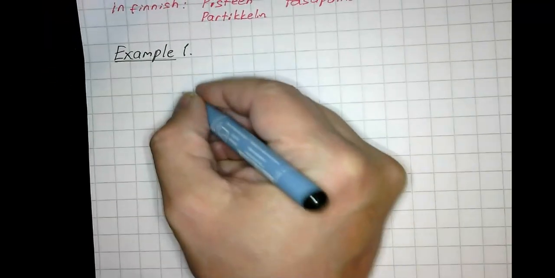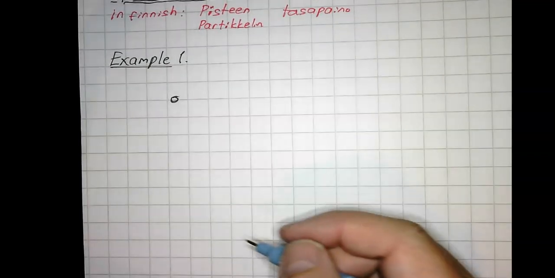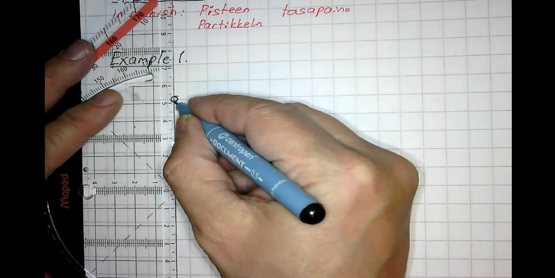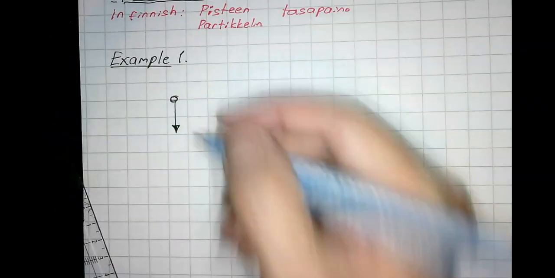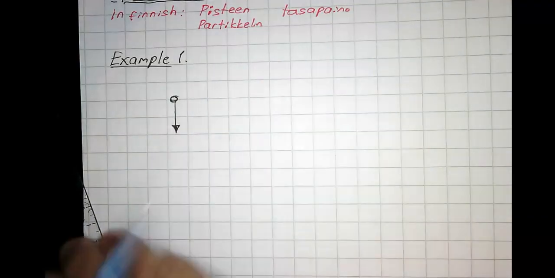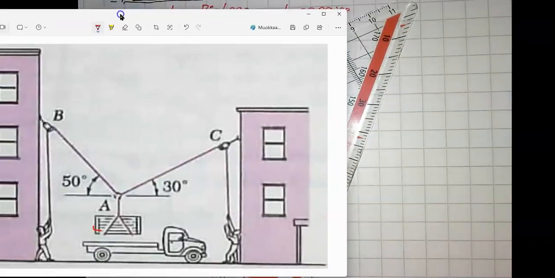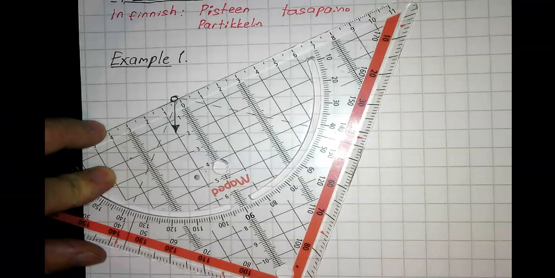So we have this point A, and then we have three forces. The first force is oriented towards the center of Earth, that means downwards. Then there are two other forces which have angles of 30 degrees and 50 degrees, as you see from the picture.